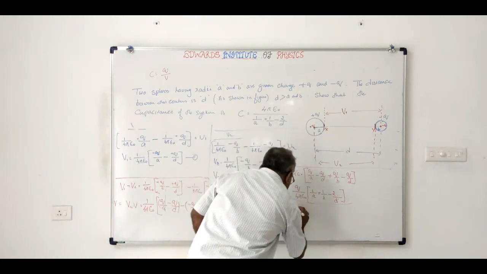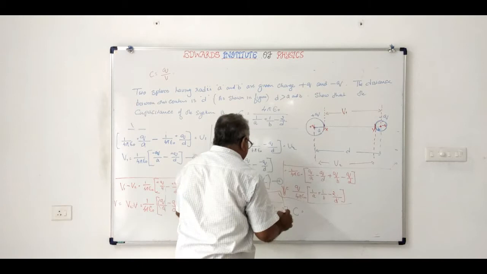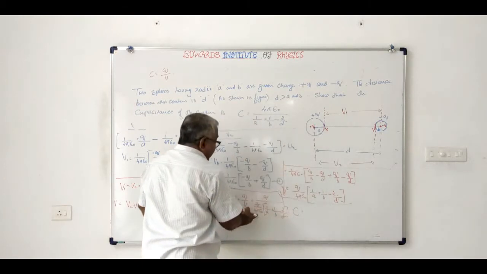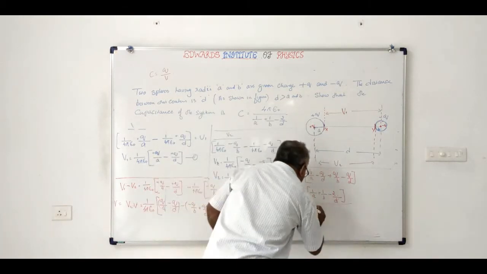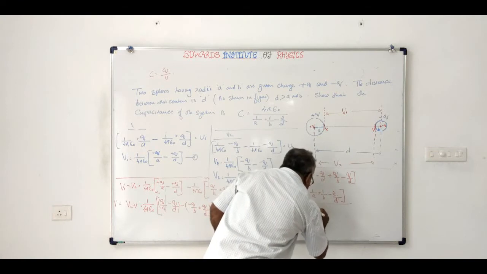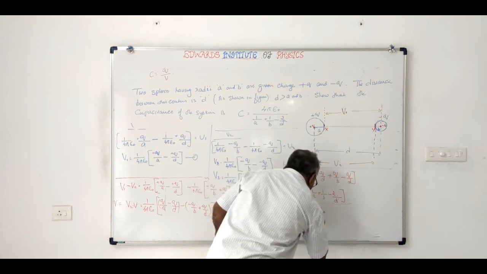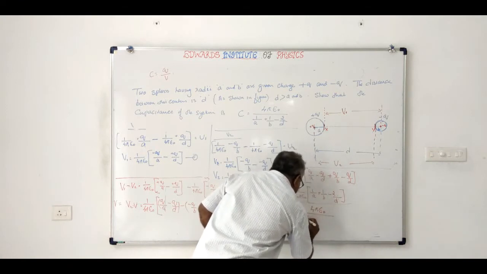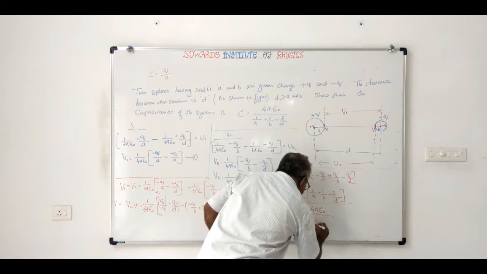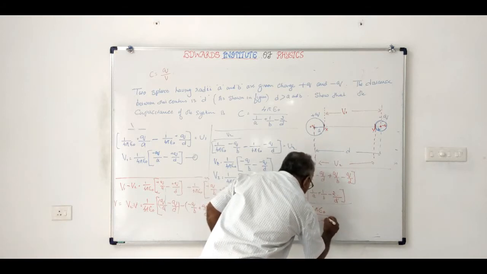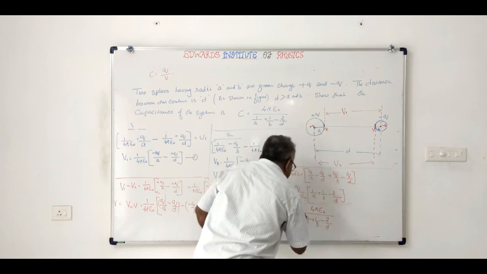So C will be equal to, this 4 pi epsilon 0 will come on top, so 4 pi epsilon 0 by 1 by a plus 1 by b minus 2 by d.